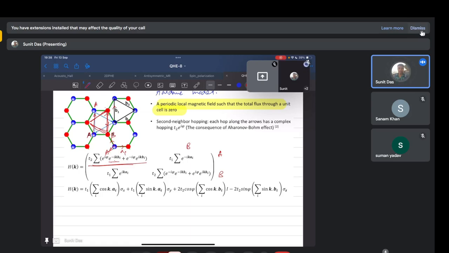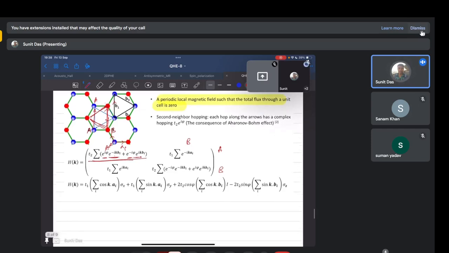Associated with each e to the power i k b_i term, there is an additional extra phase, e to the power i phi and e to the power minus i phi, and these are that local magnetic field effect. If you add these two phases, this is plus phi and this is minus phi, so together they make it 0.